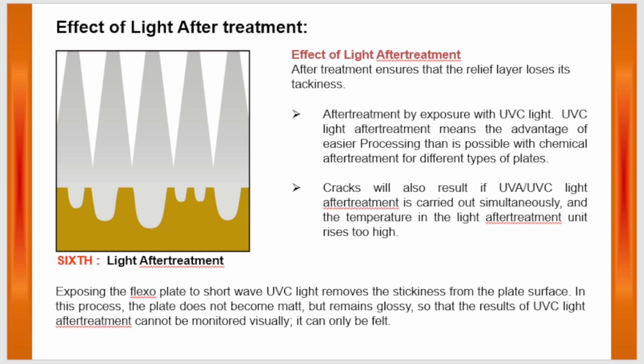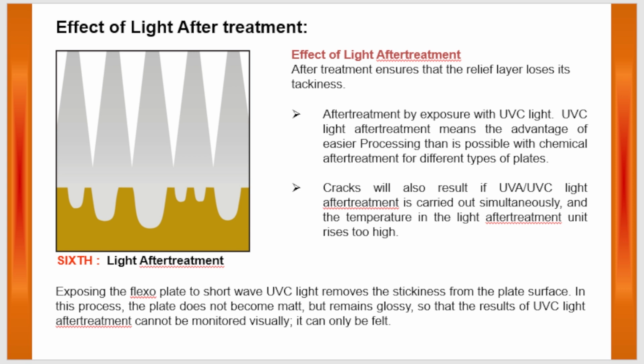The light after treatment ensures that the relief layer loses its tackiness. After treatment by exposure with UVC light has the advantage of easier processing than is possible with chemical after treatment for different types of plates. Cracks will also result if UVC light after treatment is carried out simultaneously and the temperature in the light after treatment unit rises too high.